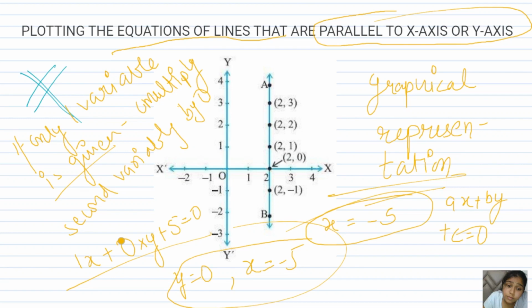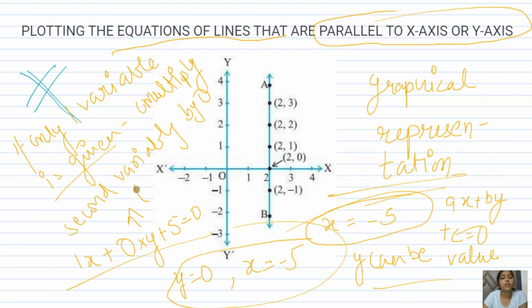That is why we can take other values of y as well.